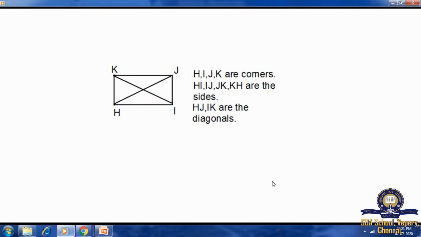Opposite sides are equal in rectangle, that is HI and JK and KH and IJ.